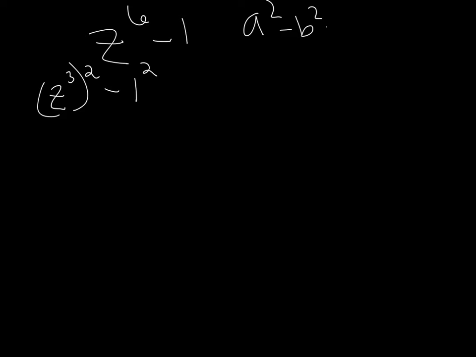So, our original problem, as we stated, was z to the sixth minus 1. I've decided that I'm going to factor this using a difference of squares. So I have z cubed all squared minus 1 squared. Well, we know that the difference of squares says a squared minus b squared is equal to a plus b times a minus b.